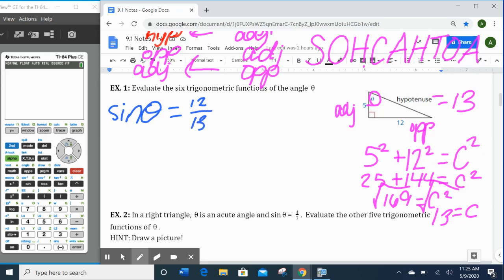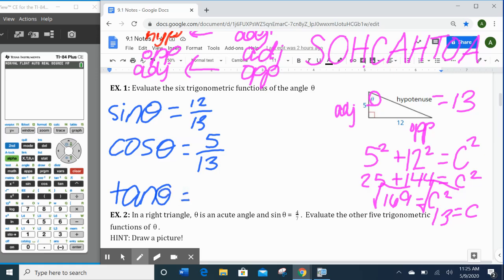I'm just going to run through these. The cosine of theta, adjacent over hypotenuse, is 5 over 13. The tangent of theta is the opposite over the adjacent, which is 12 over 5. The cosecant, CSC, is equal to the hypotenuse over the opposite, but it's also the reciprocal of sine.